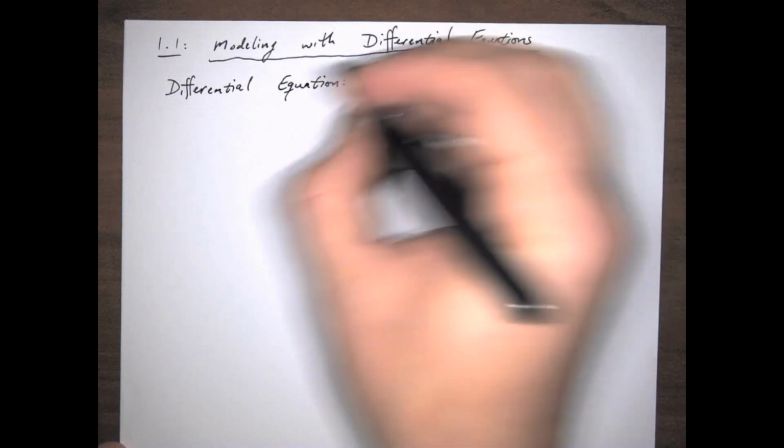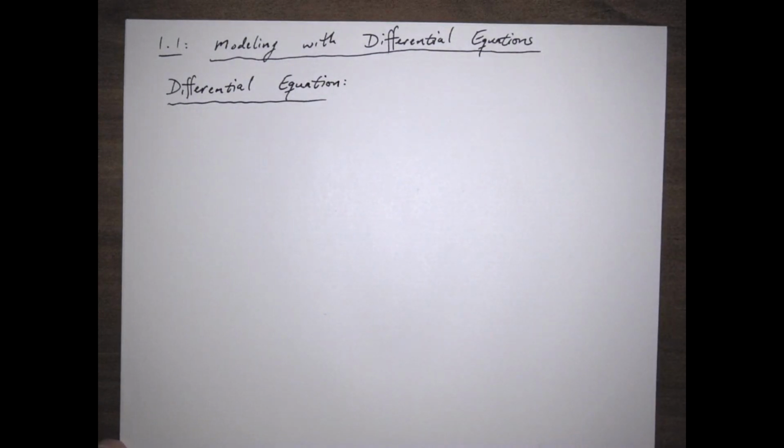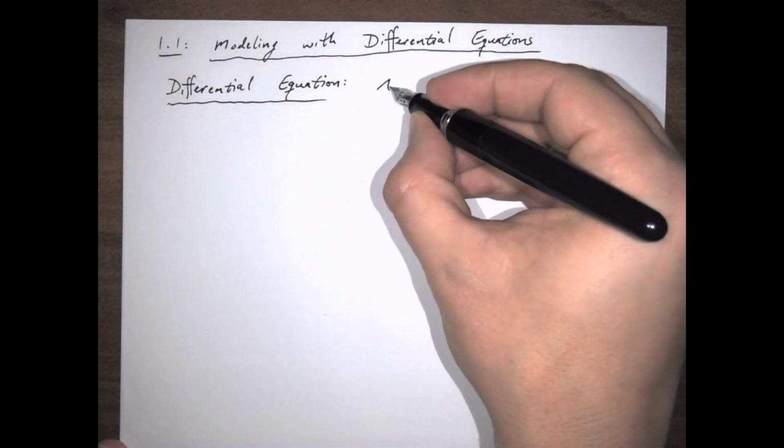So a differential equation, which is what we are up to in this class, is an equation that involves the derivative, or possibly higher order derivatives, of an unknown function.